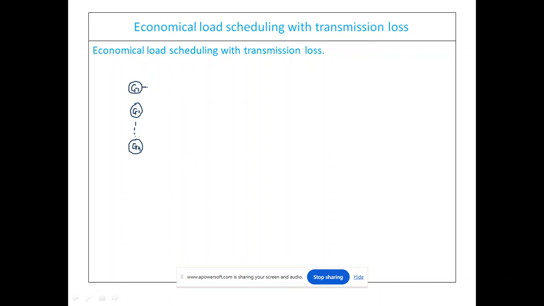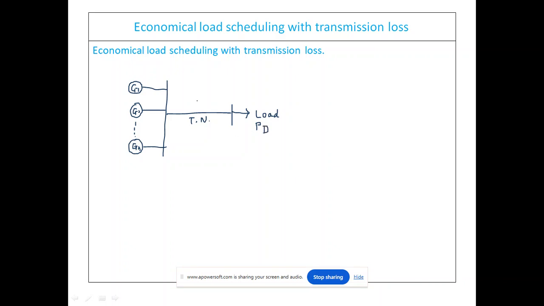These plants are connected to a transmission network, and at this point we have a load. In the previous derivation we didn't have this transmission network. Now we have a load here at this end. Let the load be PD.